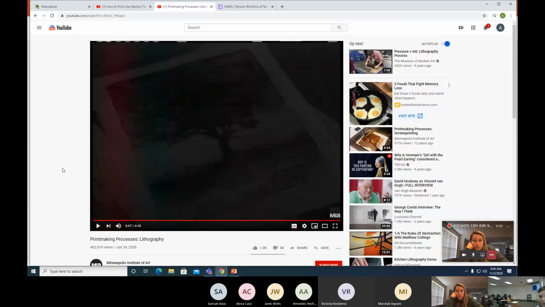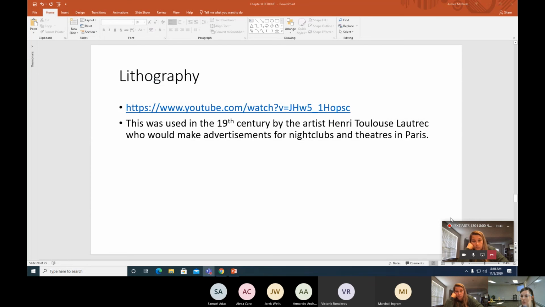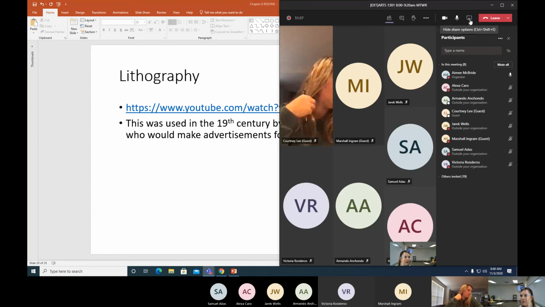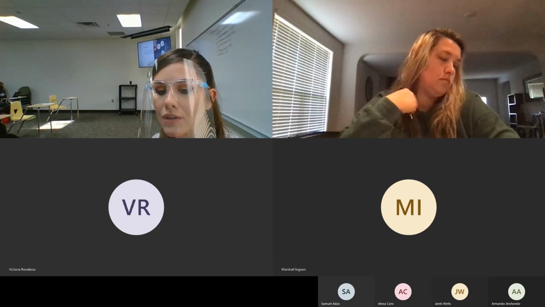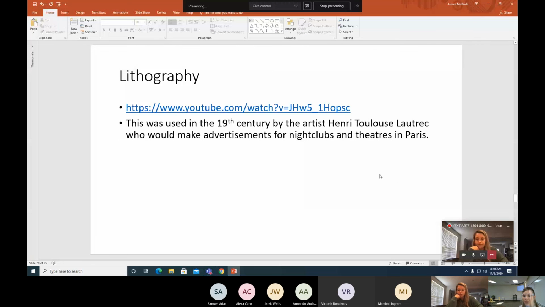So it's a bit time consuming. That press is fairly heavy. So you're going to want to make a strong enough etch into your stone so that it doesn't wear out quickly. Otherwise, you're going to have to start over again from scratch.